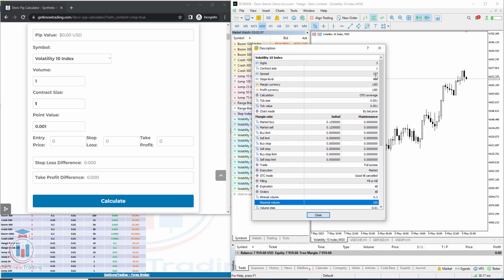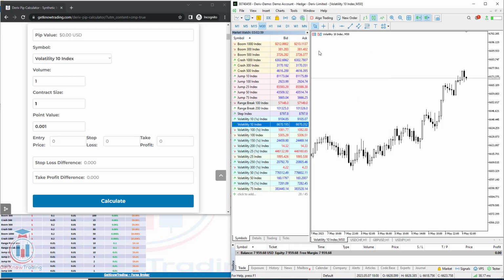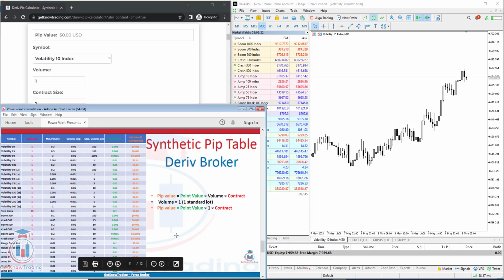If you do not have this inside your trading platform, maybe you are using some other trading platform like TradingView, then you need to find your broker details and see what these details are. What is the volume, minimum and maximum, what is the contract size, what is the point value, so you can check all details in the calculation.